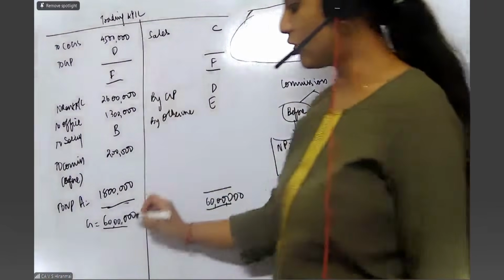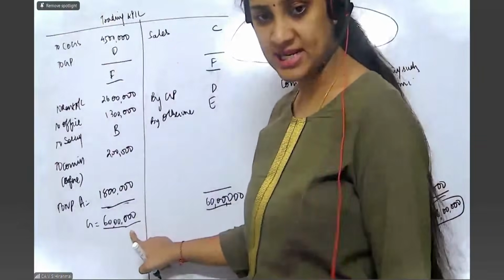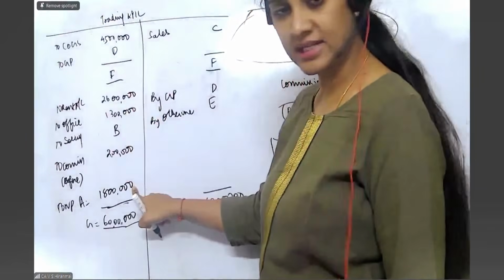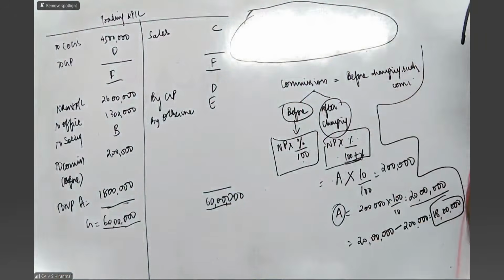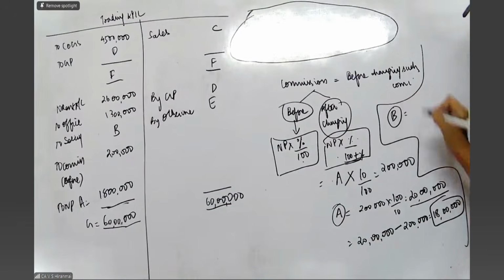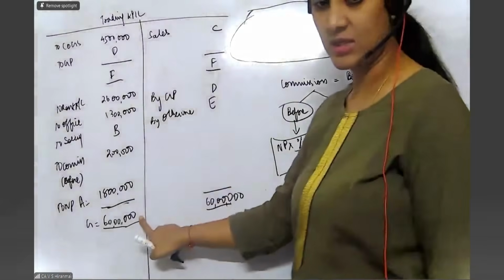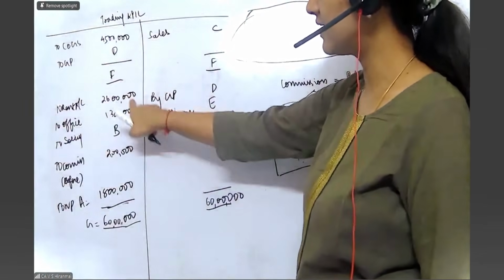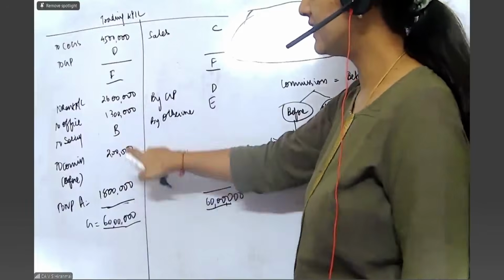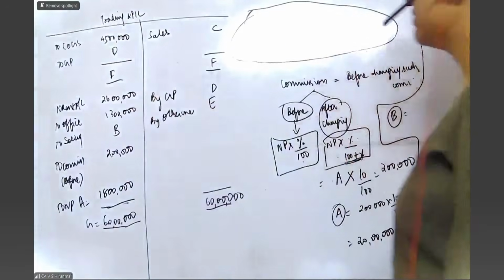Now you know the total value, 60 lakhs. You know all the other expenses except the selling expense, so now we are going to find out my selling expense. Selling expense is equal to 60 lakh minus 18 lakh, 2 lakh, 13 lakh and 26 lakhs.